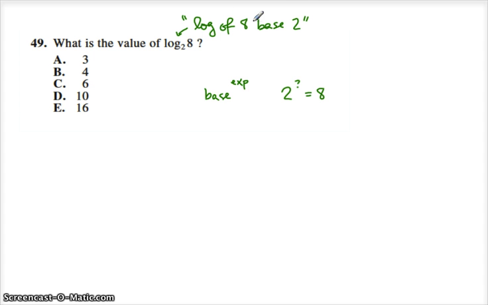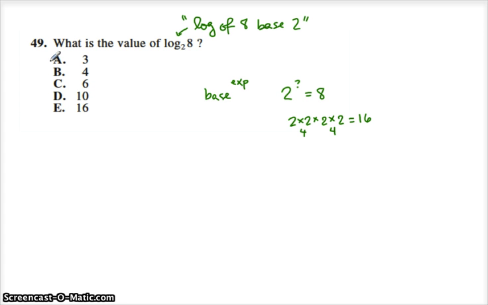So when you say log of 8 base 2, it's asking, 2 to what power gives you 8? So let's see. Does 2 to the 4th power give you 8? Meaning 2 times 2 times 2 times 2? Well, 2 times 2 is 4, and then another 4, so I have 4 times 4, that's 16, so that doesn't do it.